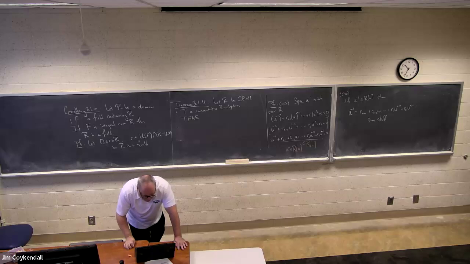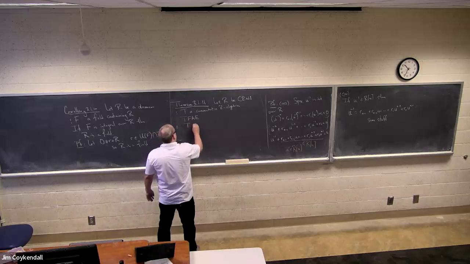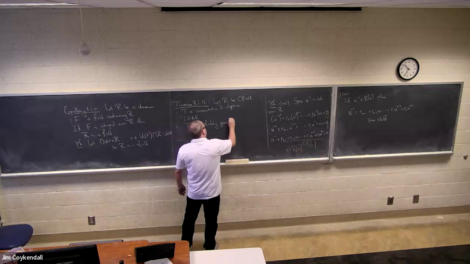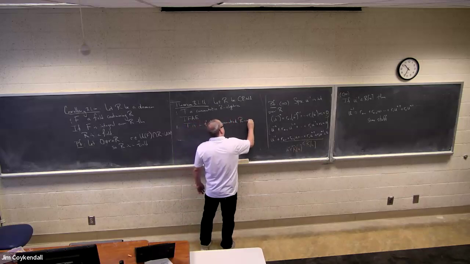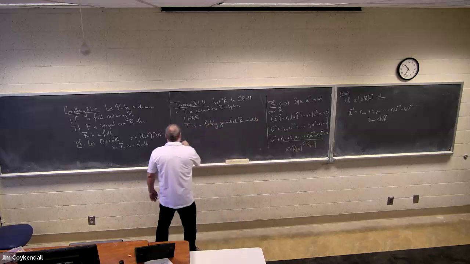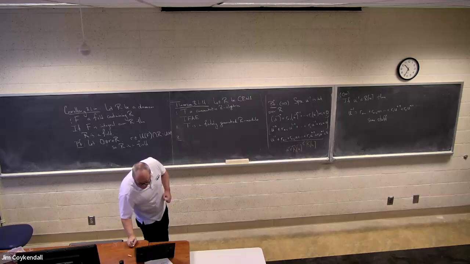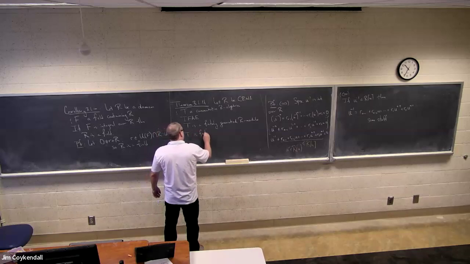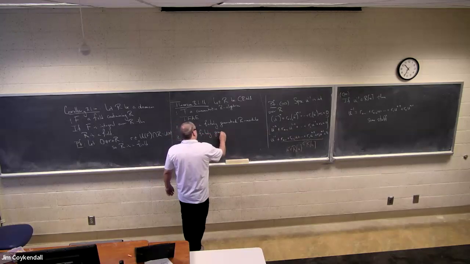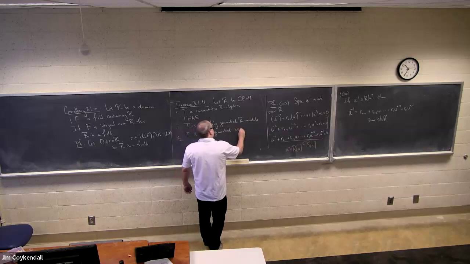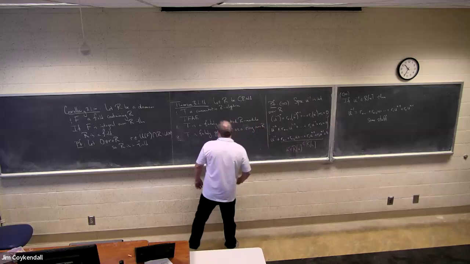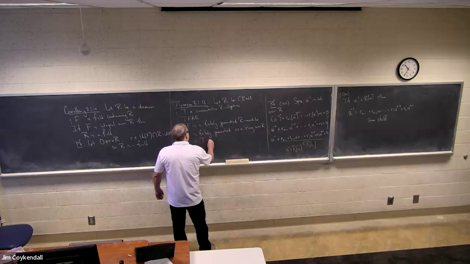One, T is a finitely generated R module. Two, T is finitely generated as a ring over R, and T is integral over R.